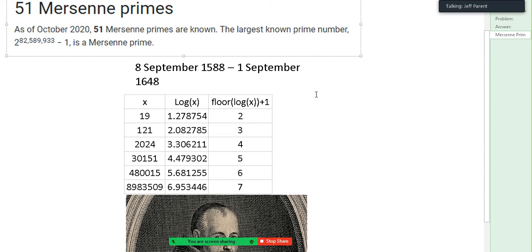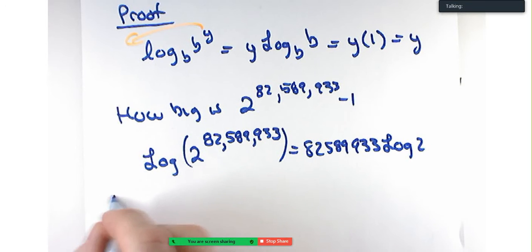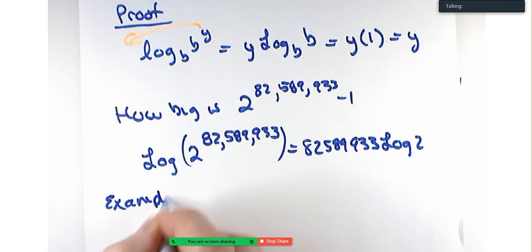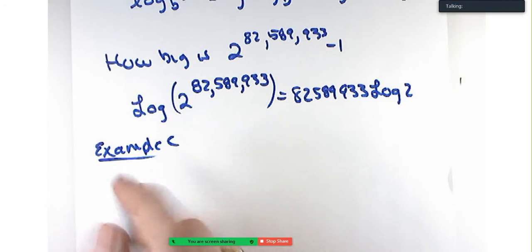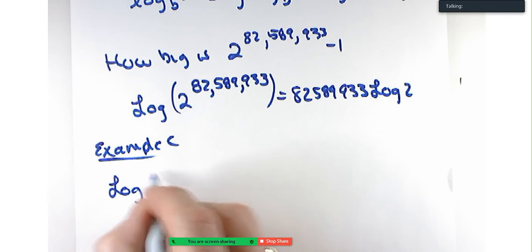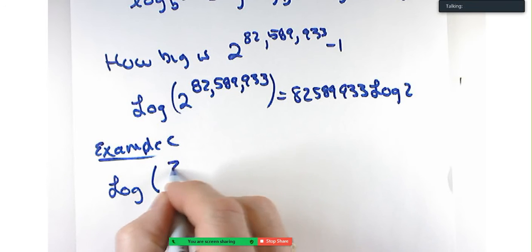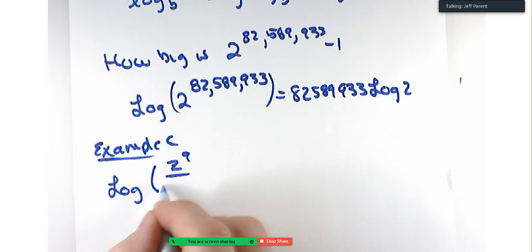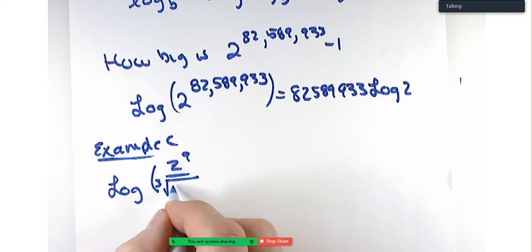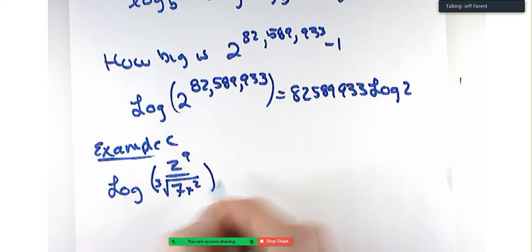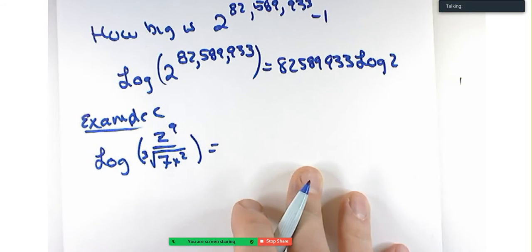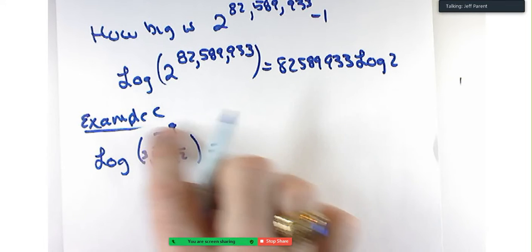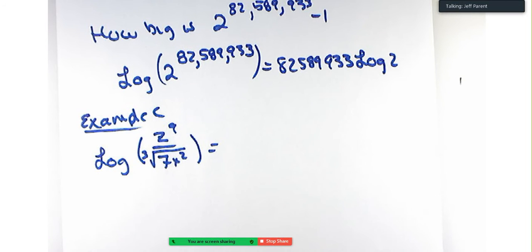That would be stuff like example C here. Example C, log of z to the 9th over the cube root of 7x squared. You can't take the 9 out in front just yet.